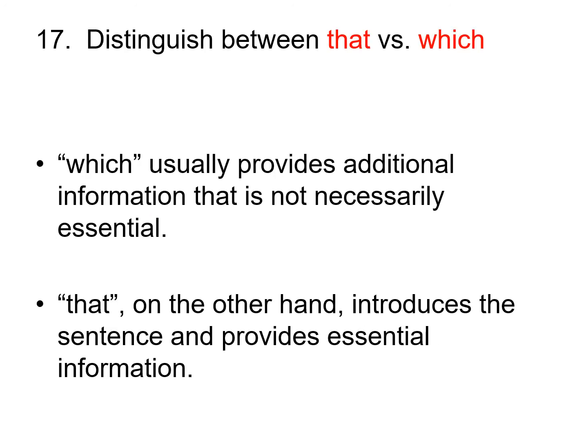Okay, number 17. Distinguish between that and which. Which provides additional information that is usually not essential. That, on the other hand, introduces information that is essential. So if you continue with that blah blah blah, that usually means this is a critical detail that should not be neglected.